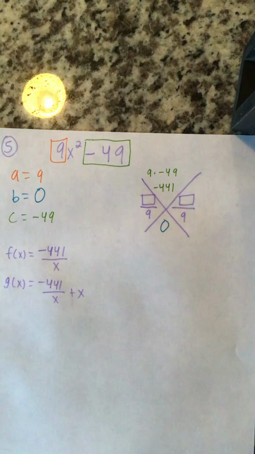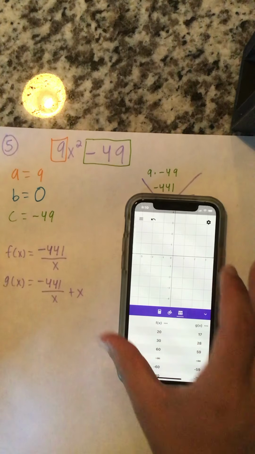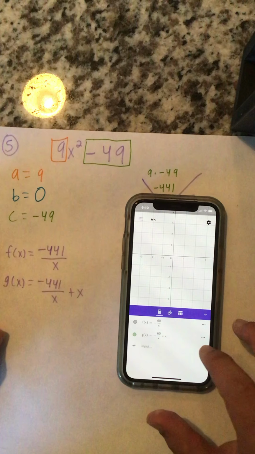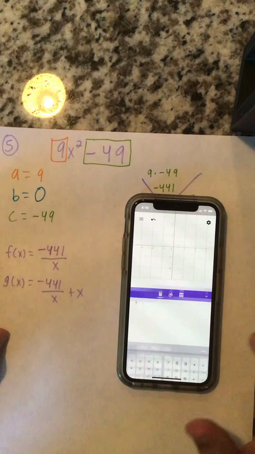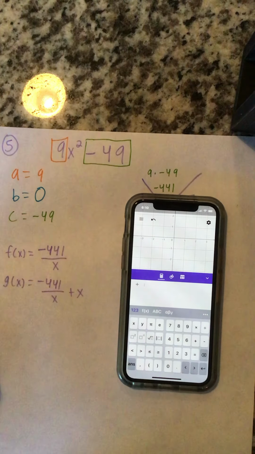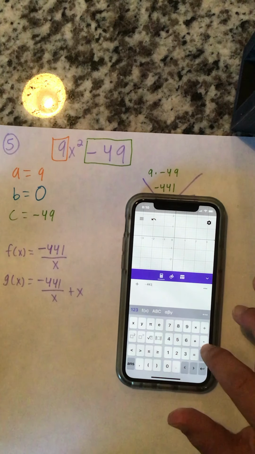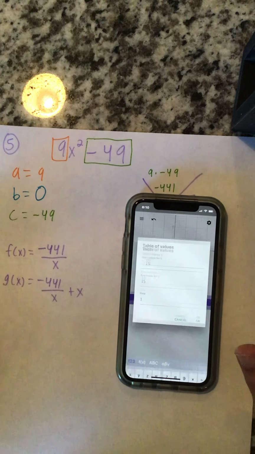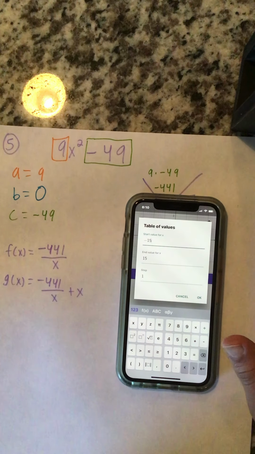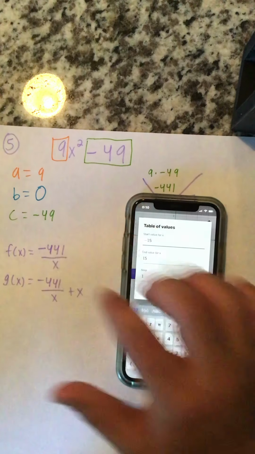Okay, now calculator. So we go over to the calculator. Let me make sure I get it right the first time here. Delete. There we go. So first equation, negative 441 over x, 3 dots, table of values. For this one, I'm going to make it a little bigger because this number is bigger.